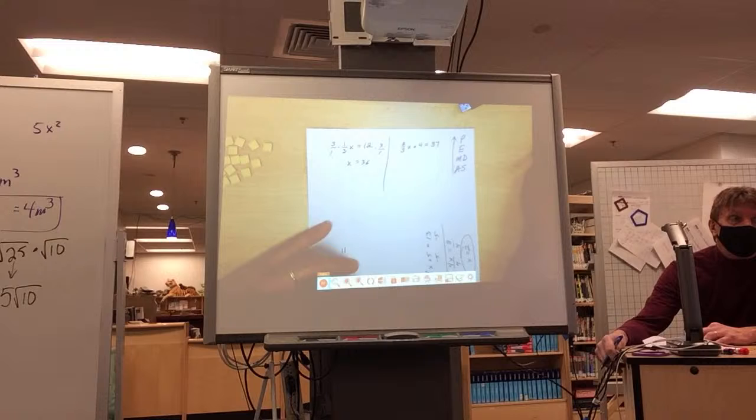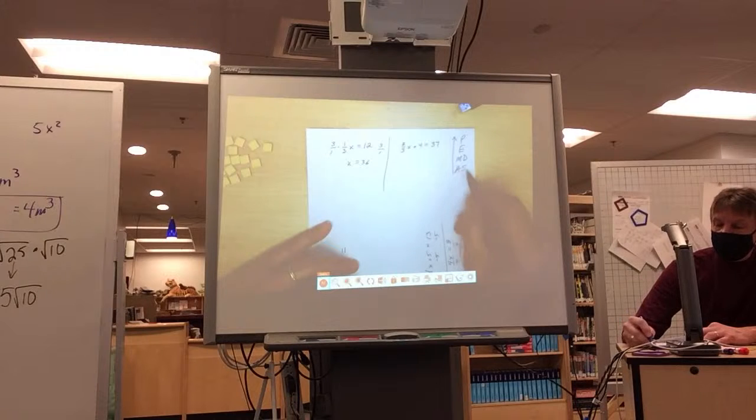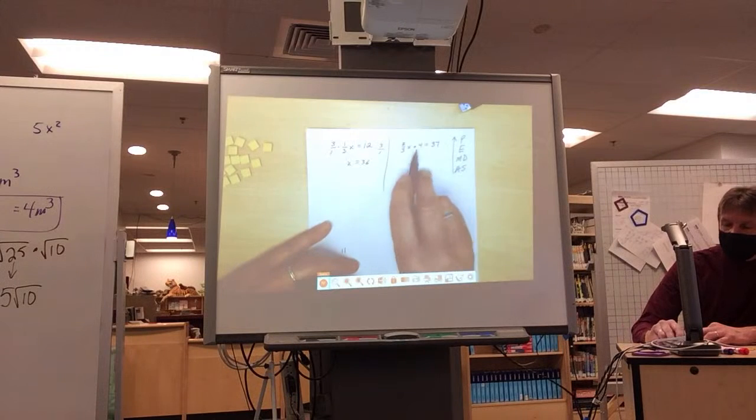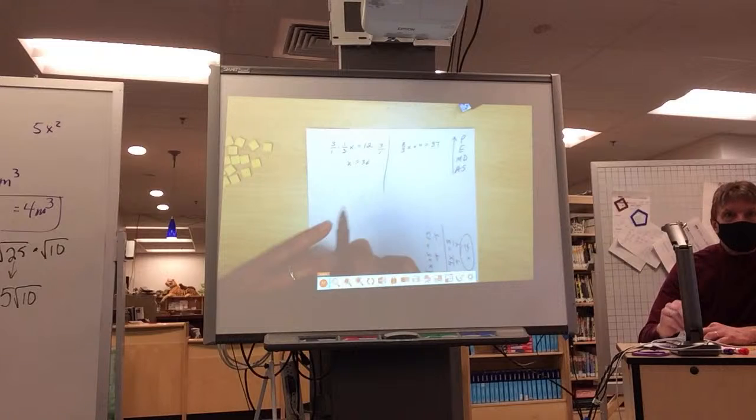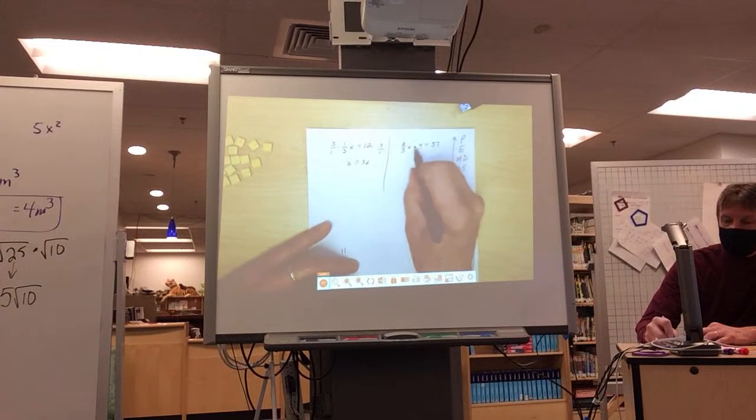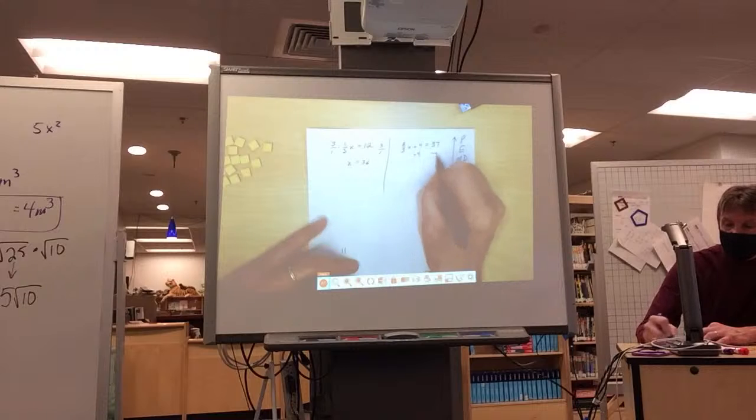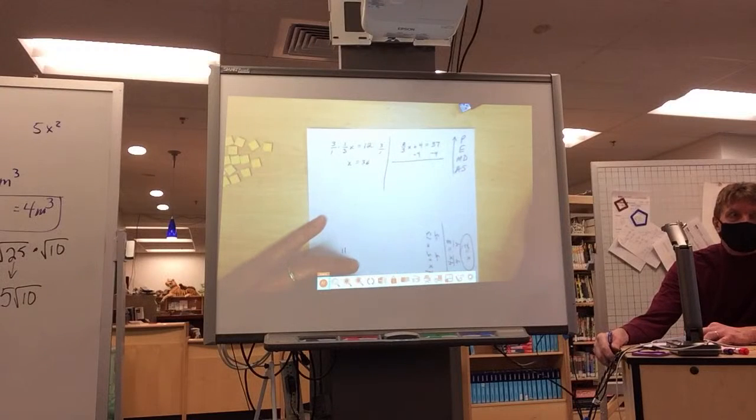Come here, look at it. There's no need for a calculator. So you look and you say, is there addition or subtraction? Yes. And then undo it. So to undo adding 4, you would subtract. And you do to the left and to the right the same.